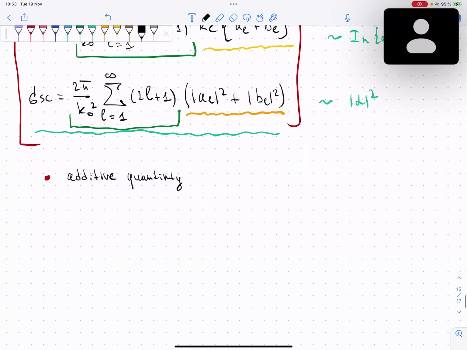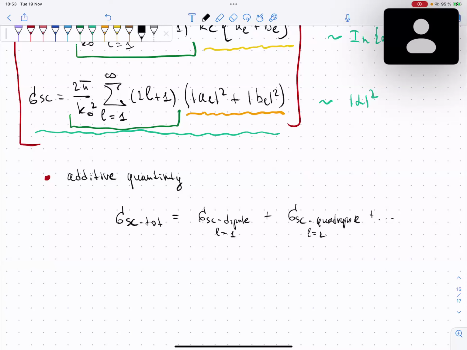We can take the total scattering as a sum of sigma scattered: the contribution by the dipole with L equal to 1, plus the scattering cross-section of the quadrupole, L equal to 2, and so on and so forth. So each of these multipoles scatters independently.